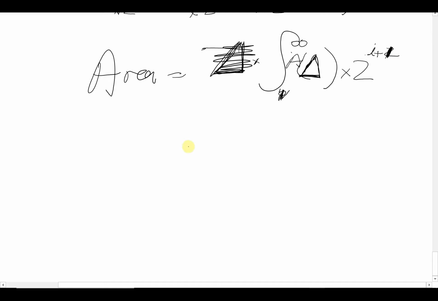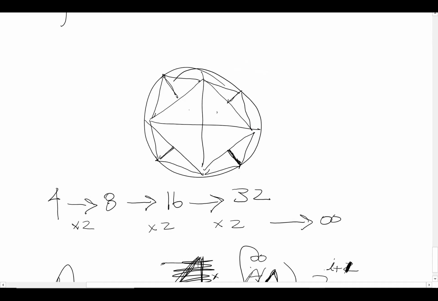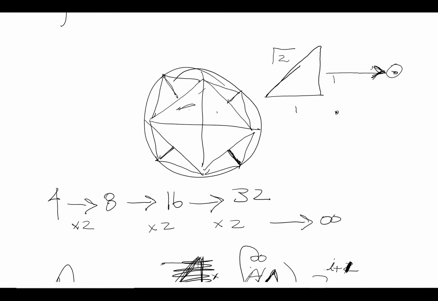But you start with a larger triangle, and then it gets cut smaller, and smaller and smaller. If you relate the triangle dimensions, you go from the 1, 1, root 2 triangle, and you keep going until you reach a very, very infinitesimally small triangle.